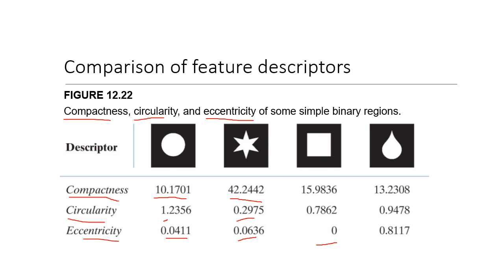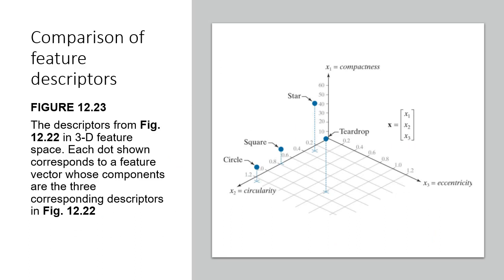Now, it means that the 3 features could be used to distinguish very well these four object shapes. If we represent this in a vector space model, then we get these representations. So we have the compactness axis, the eccentricity axis, and the circularity axis. For the teardrop, the position is here.